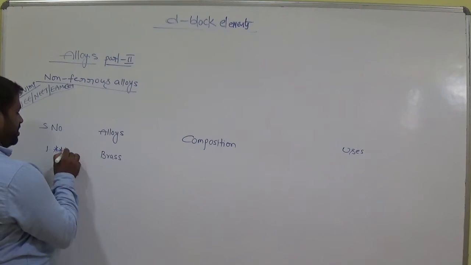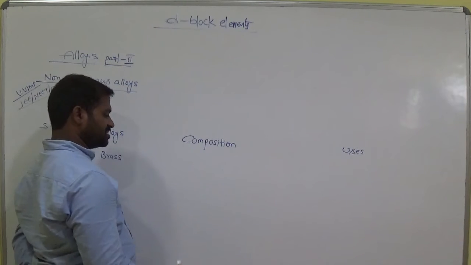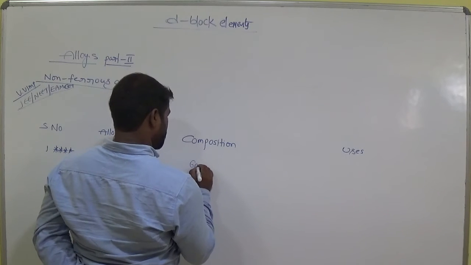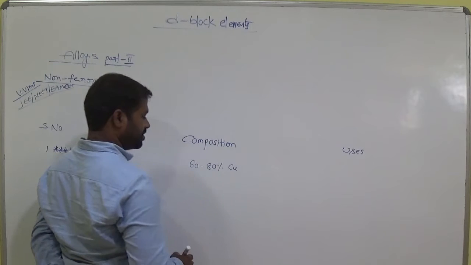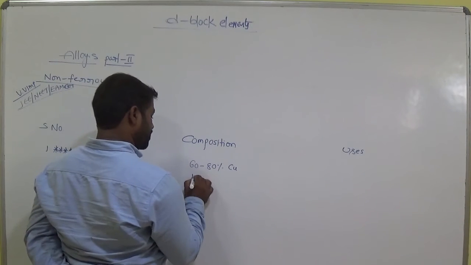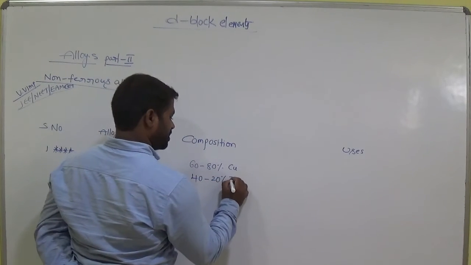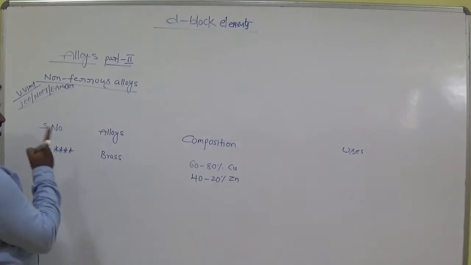Very important. This brass consists of 60 to 80% of copper and 40 to 20% zinc. What is the composition of brass?